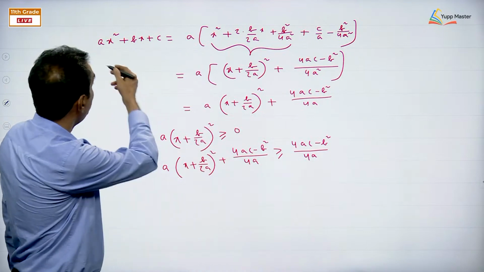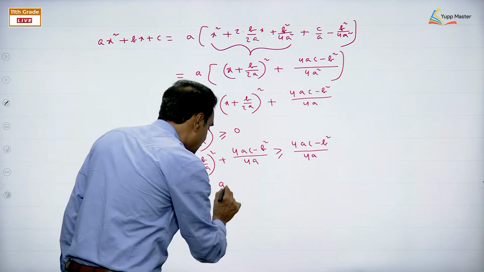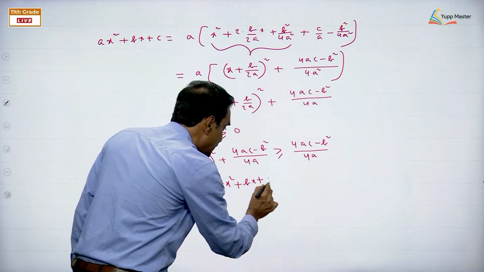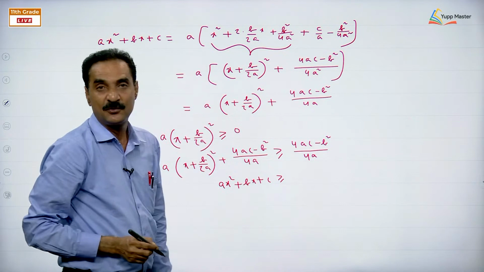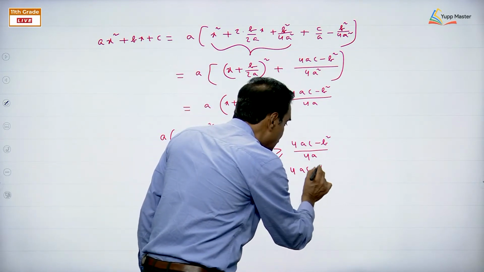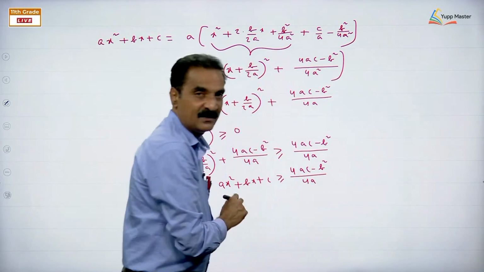But this is what, ax square plus bx plus c. So, we get ax square plus bx plus c is always greater than or equal to 4ac minus b square by 4a, which is a constant.